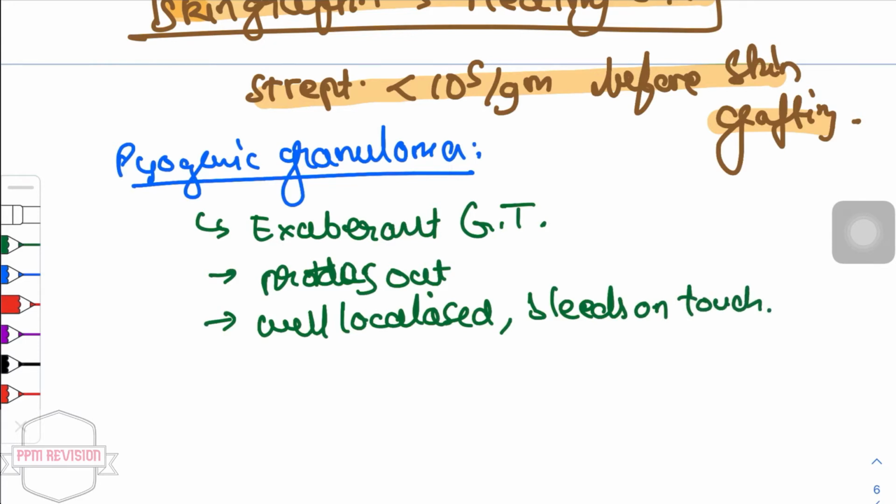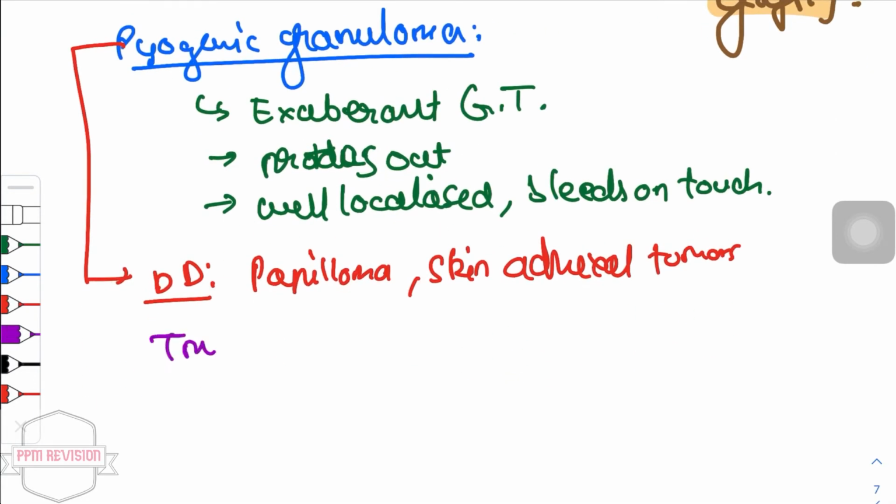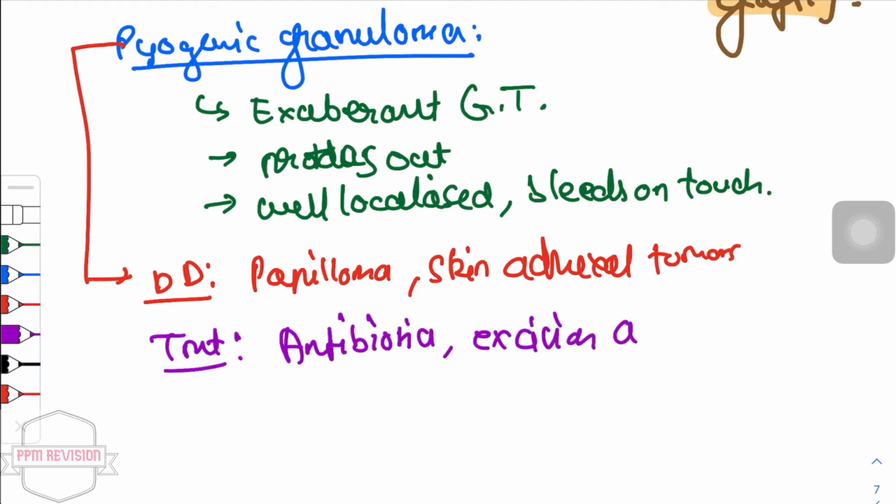The differential diagnosis would be papilloma and skin adnexal tumors. The treatment will be administration of antibiotics and excision, and then it is sent for biopsy.